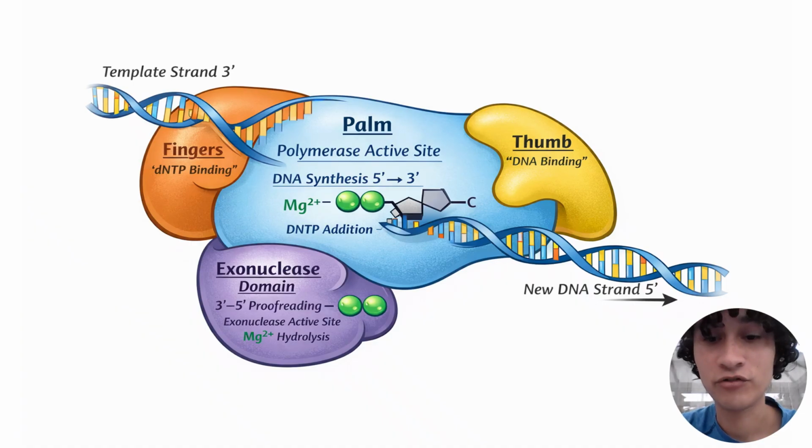So this is the structure of DNA polymerase. The main thing we're interested in is you've got the fingers which bind to the incoming deoxynucleotide triphosphates, okay, and then you've got the polymerase active site, and that actually synthesizes our strand of DNA in a 5-to-3 like manner, and you can see that you've got magnesium in that site.